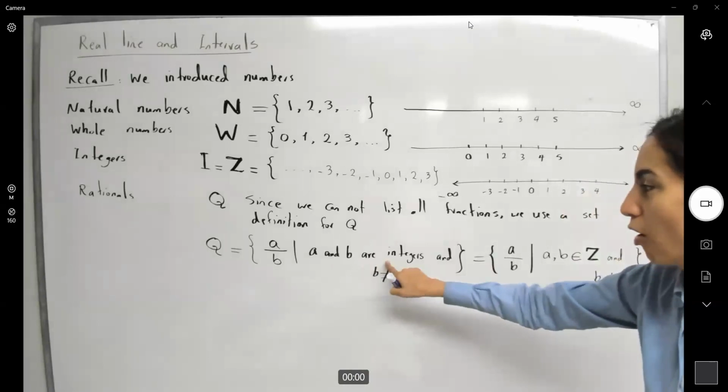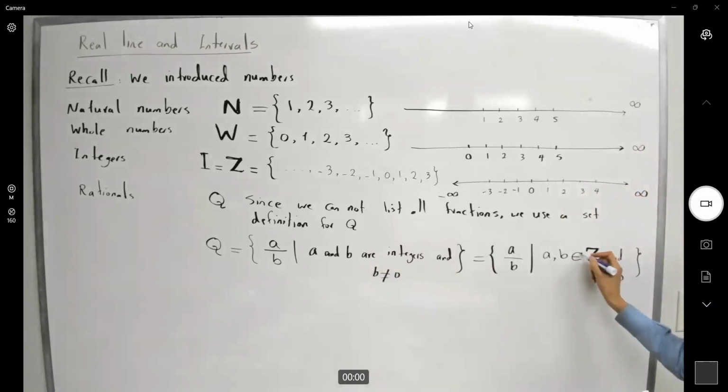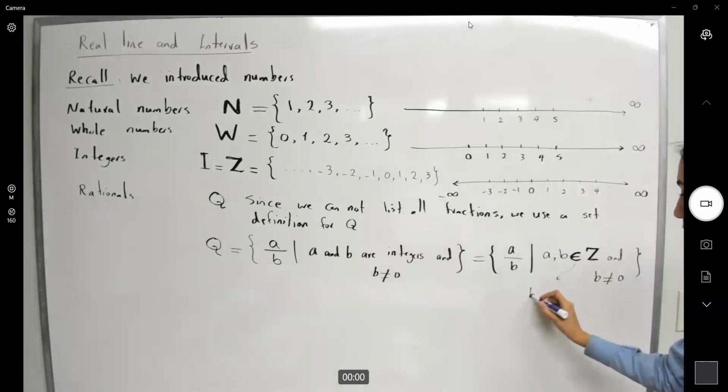A and B are integers, so A and B belong to Z. This is a mathematical symbol, and we read it as "belong to."